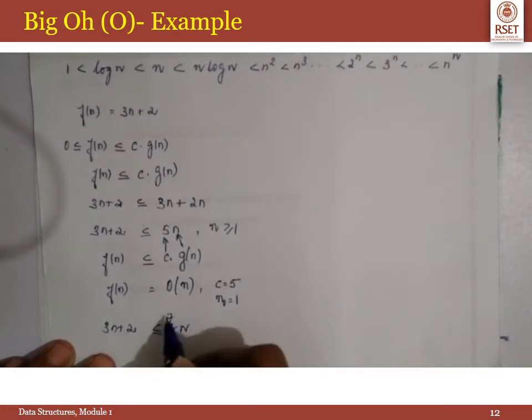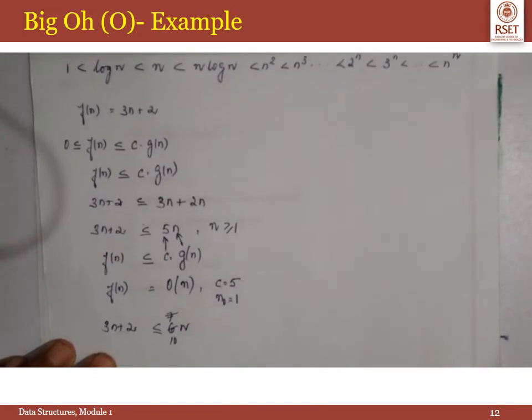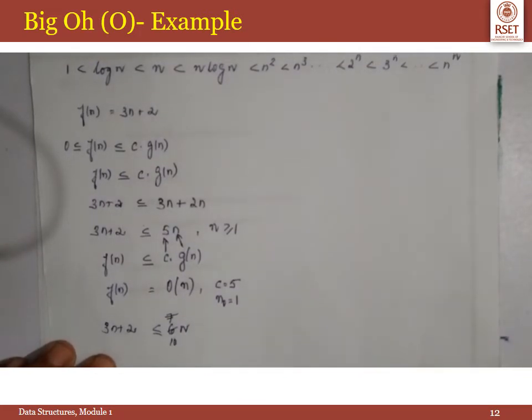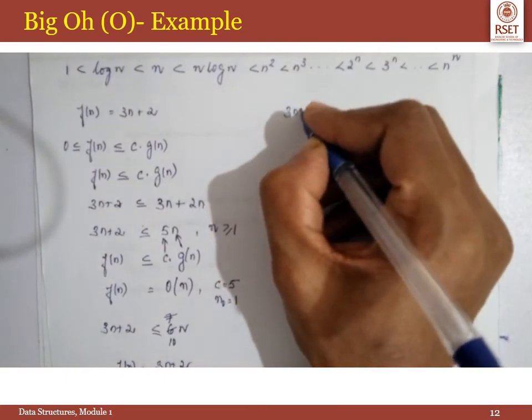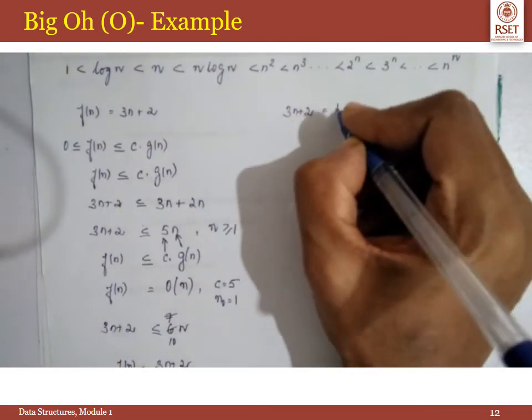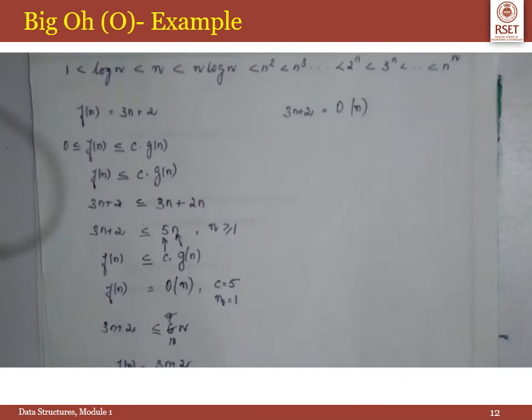Then also true. If I consider 10, is it true? Yeah. So in that case, you will have different values of c and n0 combination. Right? So what we concluded is, I am going to write my function f of n, which is equal to 3n plus 2. I can write my 3n plus 2 as O of n.